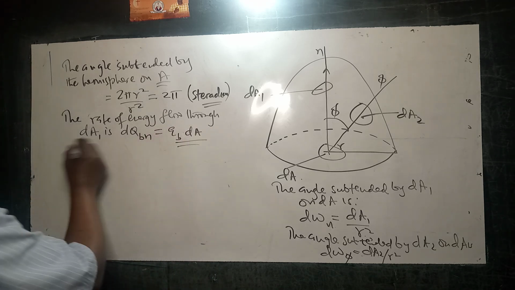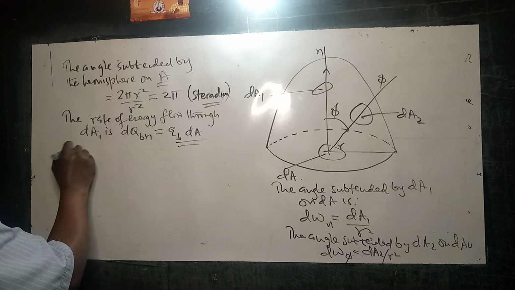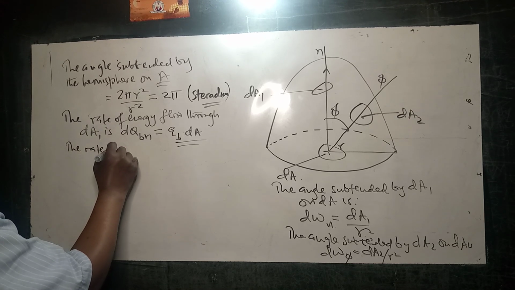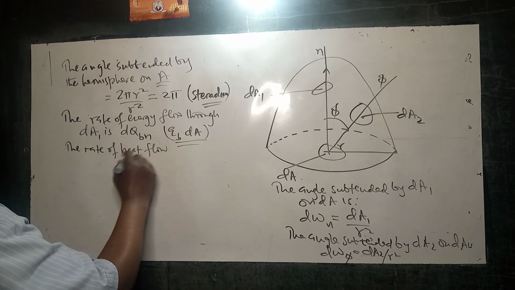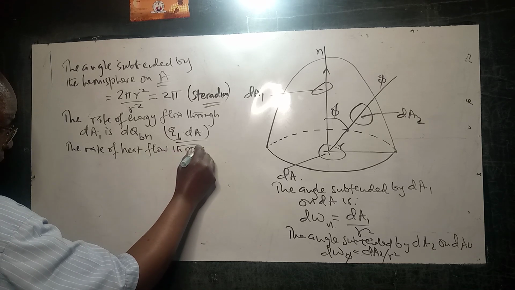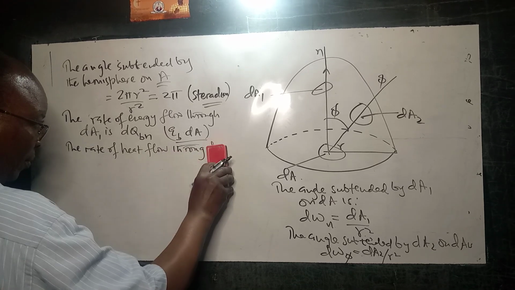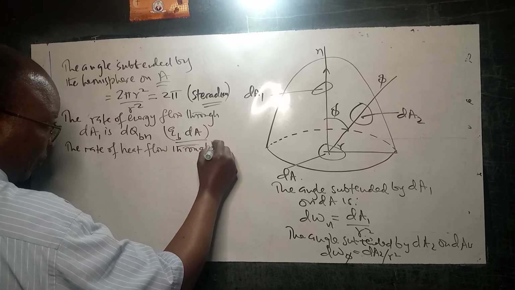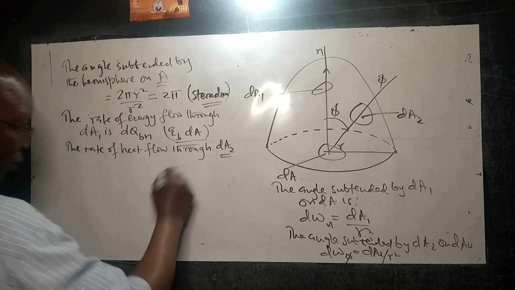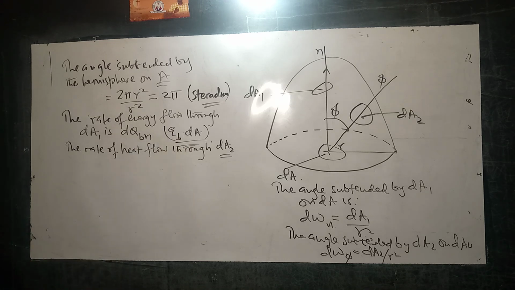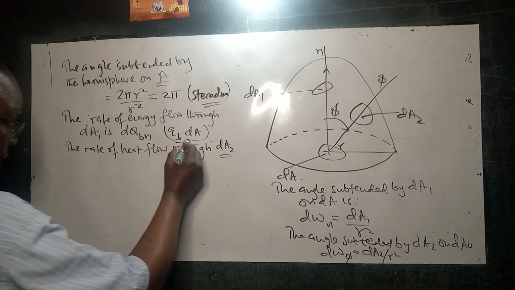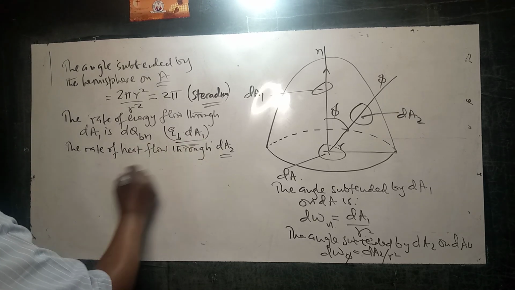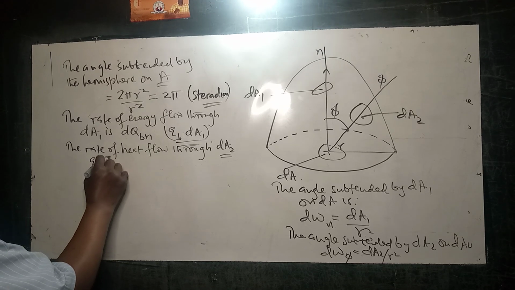And similarly, the rate of heat flow through dA2. The rate of heat flow through dA1 will be qb times dA1, and the other one is qb times dA2.